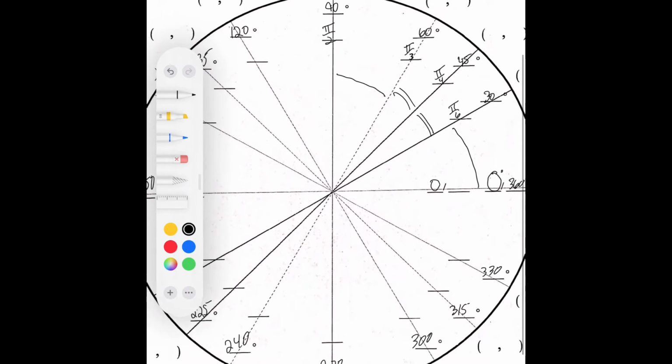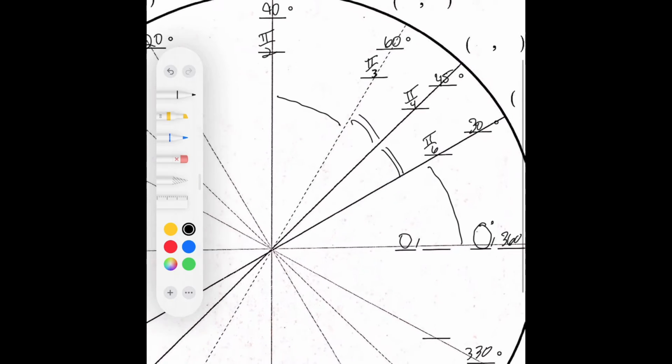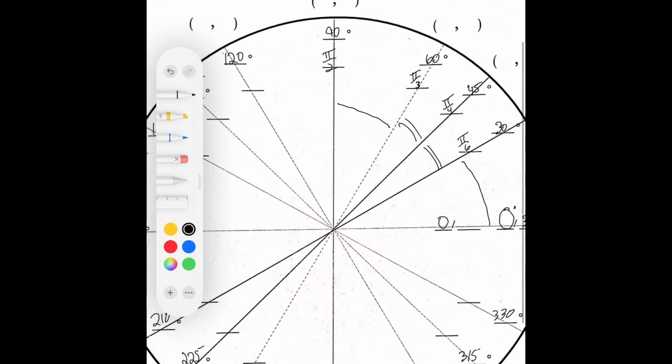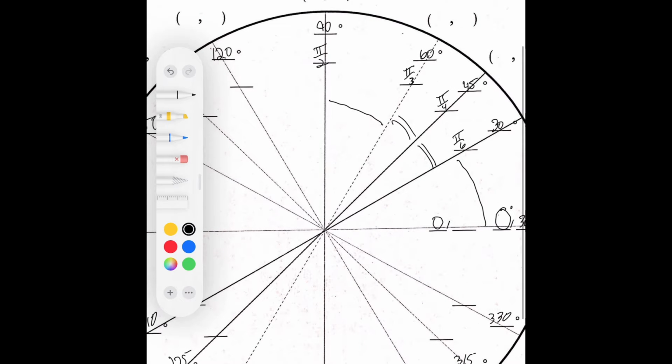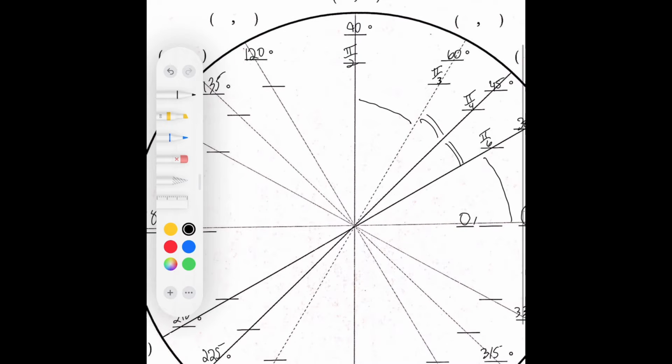So let's keep going. As long as you got this quadrant right here figured out, you can figure out the rest of the unit circle. So every 60 degrees is a 1/3 of a pi. If I go 60, that's a 1/3. 120, 60 more, that's 2/3, or 2 pi over 3.